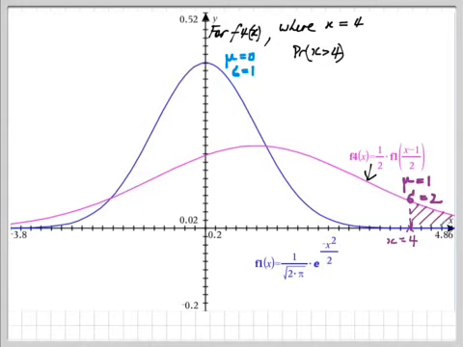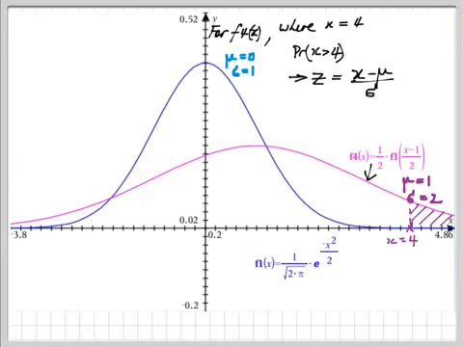There it is, and that area is equivalent to the probability of x being more than 4, or even greater than or equal to 4. That is the probability that x will be greater than 4. Now, let's work out what the standard normal value would be equivalent to x being 4 for the pink one.